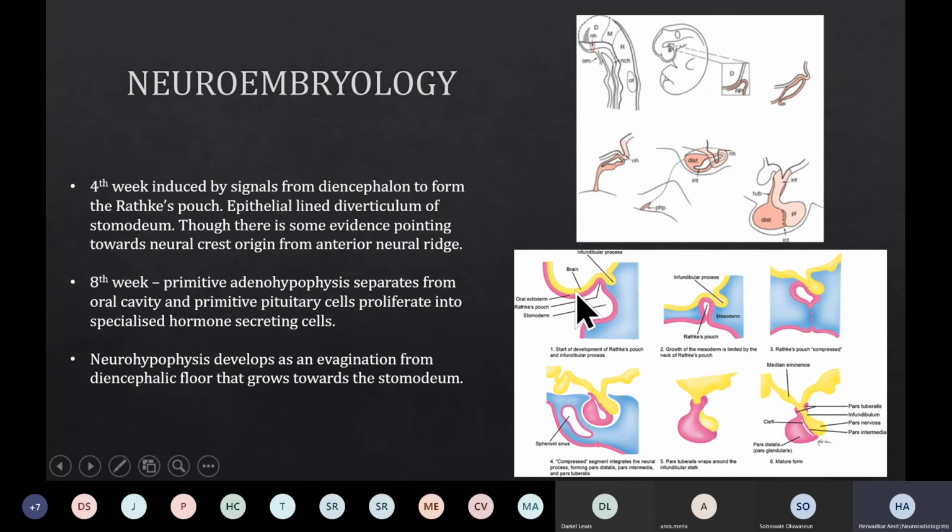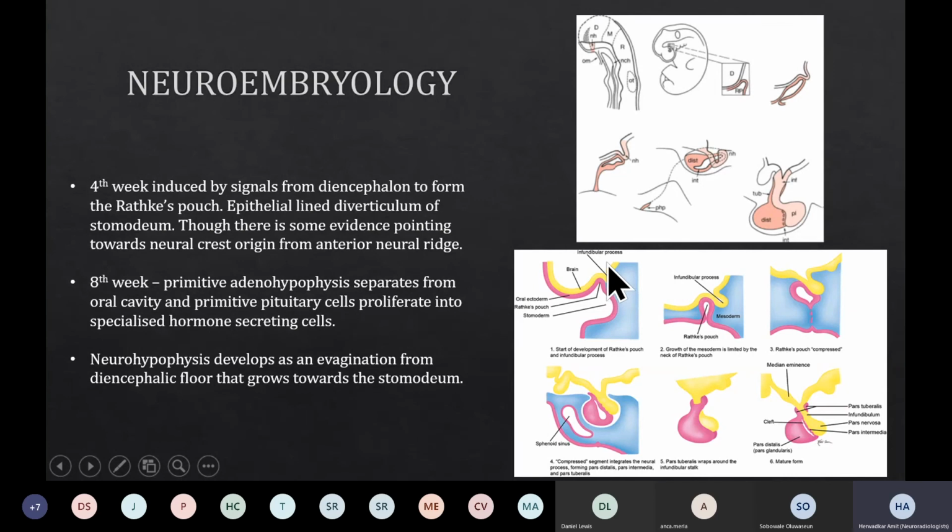To highlight an important feature here, there is no mesoderm. The mesoderm is more lateral and then surrounds the developing pituitary gland later on. But at this stage, the ectoderm of neural origin and the ectoderm of the oral cavity are in contact with each other.